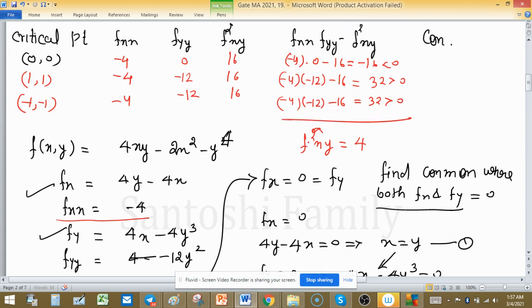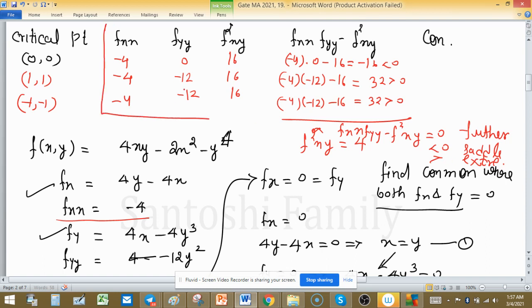If fxx fyy minus f square xy is 0, then we need to investigate further. If less than 0, then it is a saddle point. If greater than 0, it is a point of extrema, meaning maxima or minima, which depends on the sign of fxx and fyy.